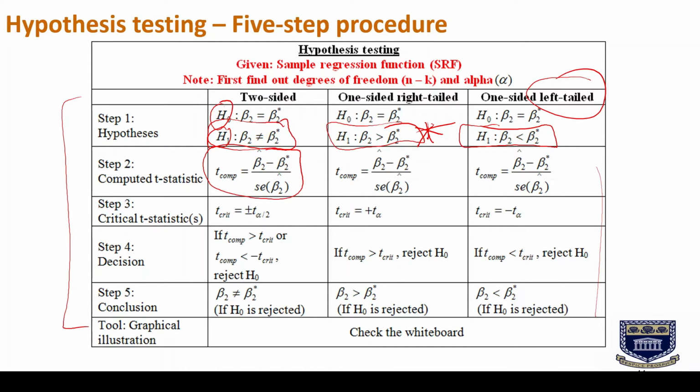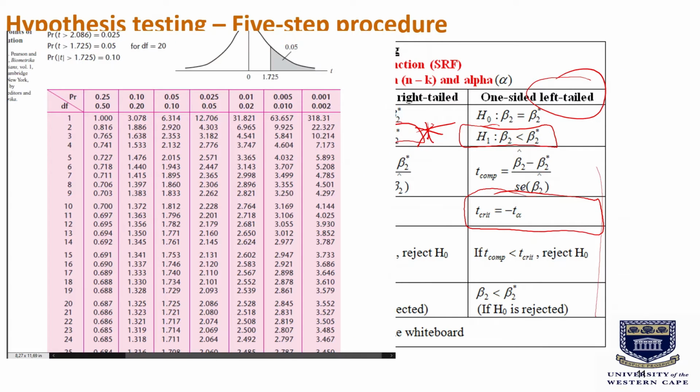One important thing that I'll highlight here is that when you look up a critical value in the t distribution table, you should just put a negative sign in front of the value when you're dealing with a left-tailed test, right? So if you look at the t distribution table, you'll notice that there are no negative values given in this table. And that is because this table only gives values for the right side of the t distribution, and it does that because the distribution is symmetric.